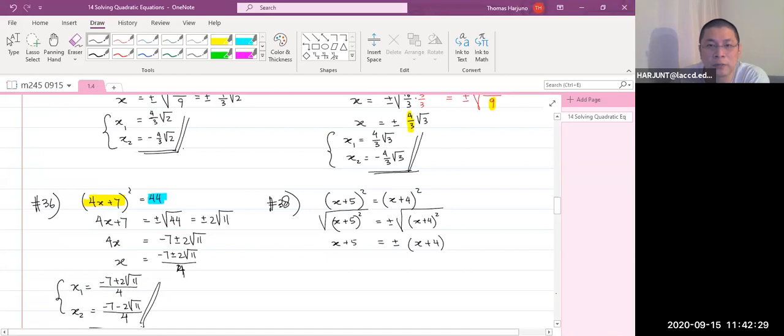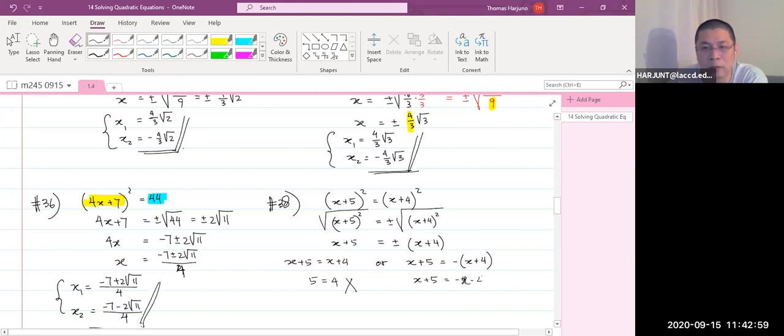Okay, for this reason. So what happened then, we have the first case, x plus 5 equals x plus 4, or x plus 5 equals the negative of x plus 4. Now the first branch here gives us no solution. The second branch will give us some solution.